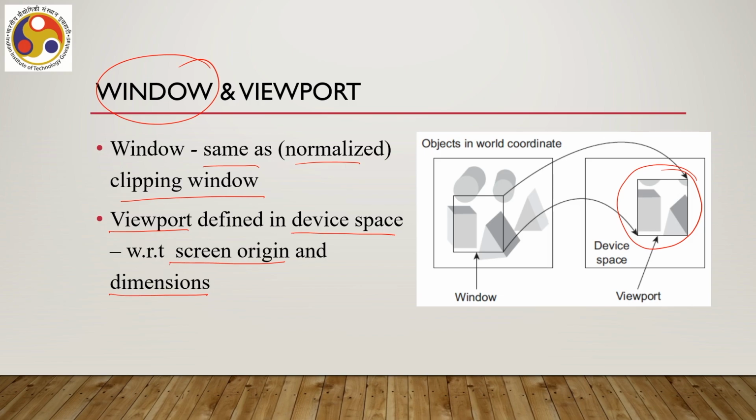Window has nothing to do with display, it is an abstract intermediate representation, whereas viewport is defined with respect to display origin or screen origin and screen dimension. So, we need to map from this abstract representation in window to a device specific representation in viewport.